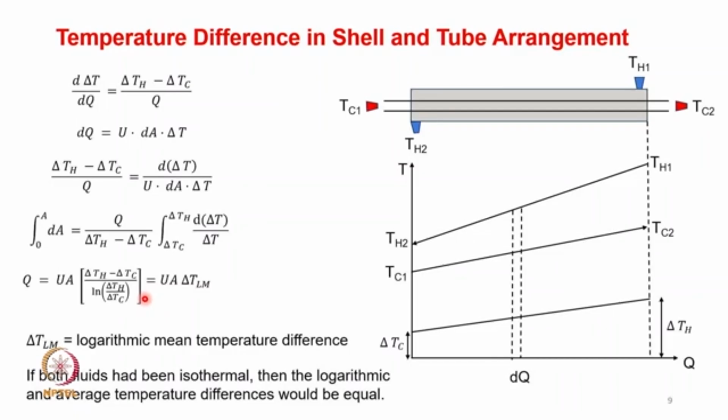If you are using this kind of arrangement, the overall heat transfer is a function of U, the heat transfer coefficient, A, and not just a delta T, but what we get as the logarithmic mean of the temperature, which is the ratio of the difference between delta Th and delta Tc, and ln of delta Th divided by delta Tc.